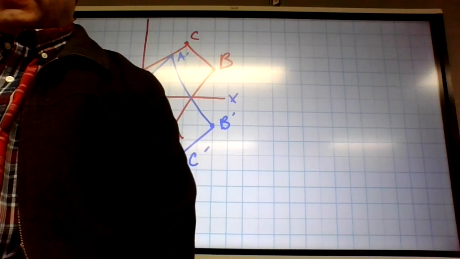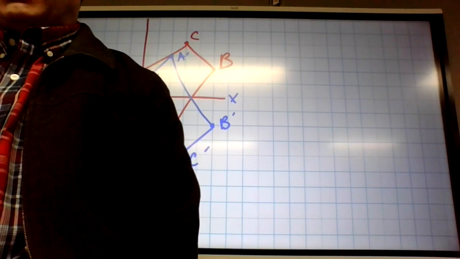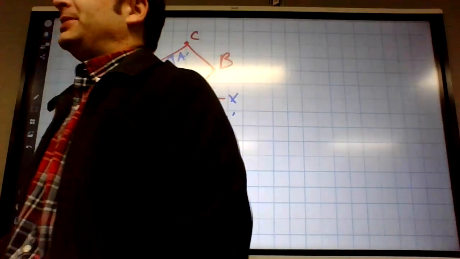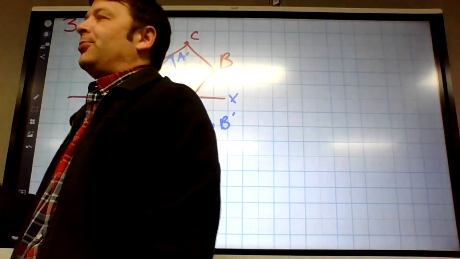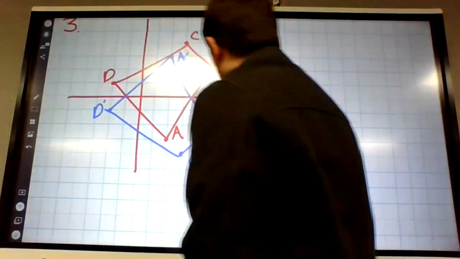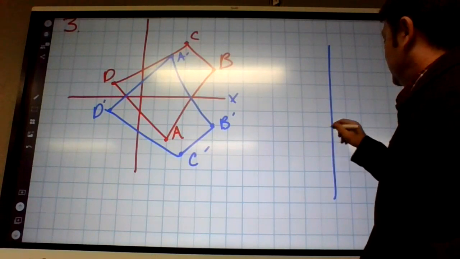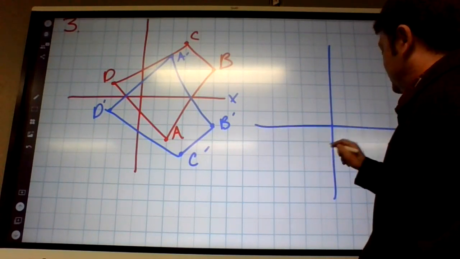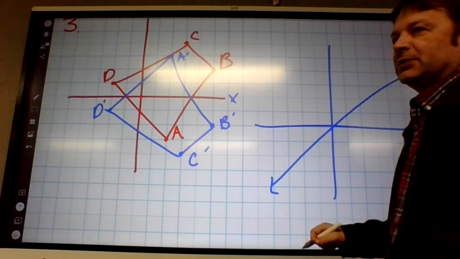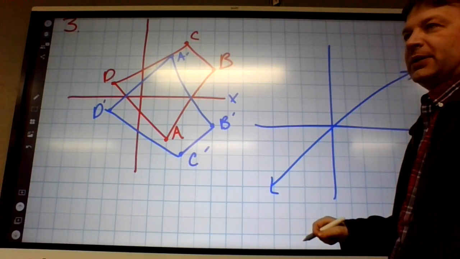Okay, number 5, write a mapping rule for reflection in the line y equals x. Been a while since we did this assignment. Do you guys remember what happened to the coordinates when we reflected over the line y equals x? It'd be diagonal.